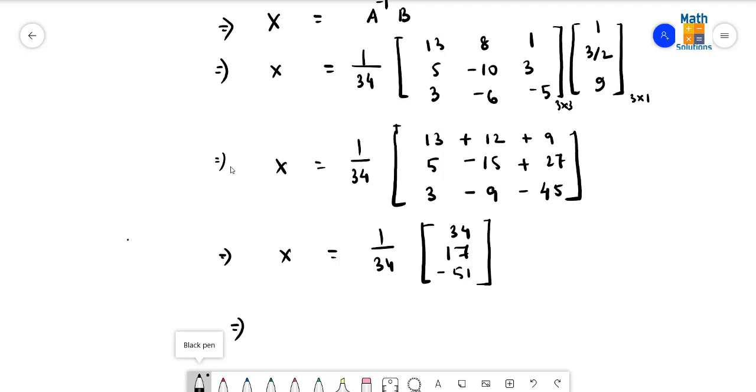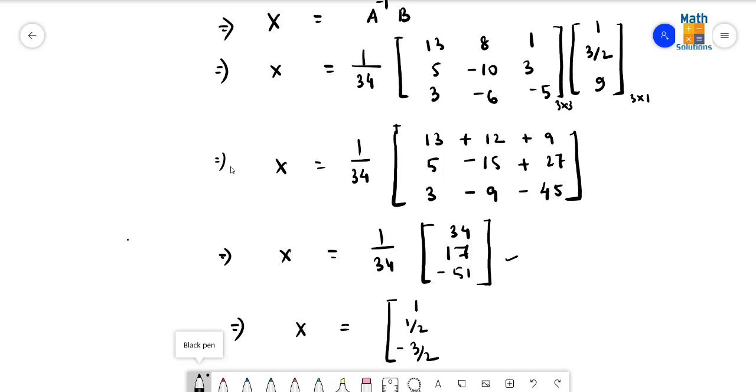After this, by scalar multiplication, if I multiply each and every term of this resulting column matrix by this 34 which is lying outside as the determinant value in the denominator, we shall be getting 1, then half, then minus 51 by 34 cuts to minus 3 by 2.